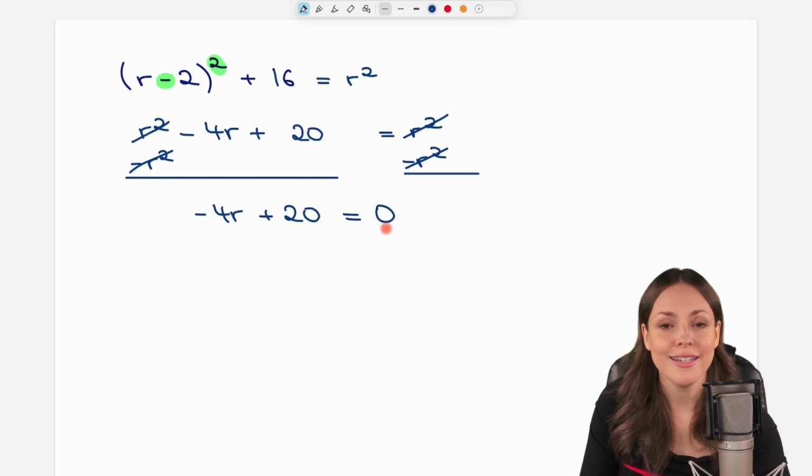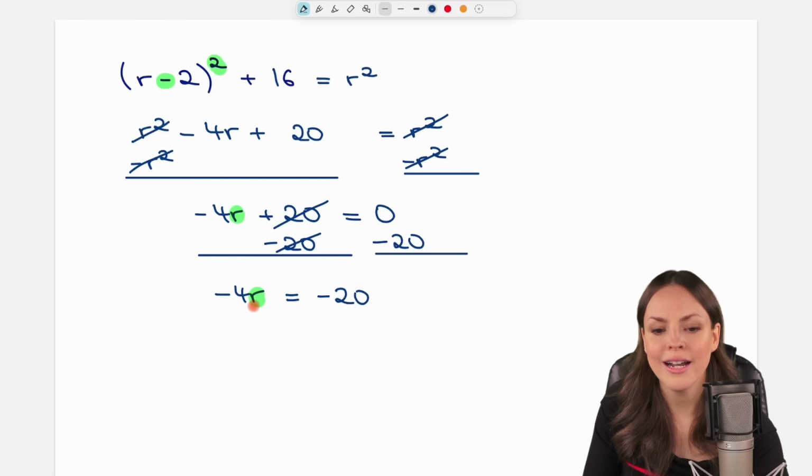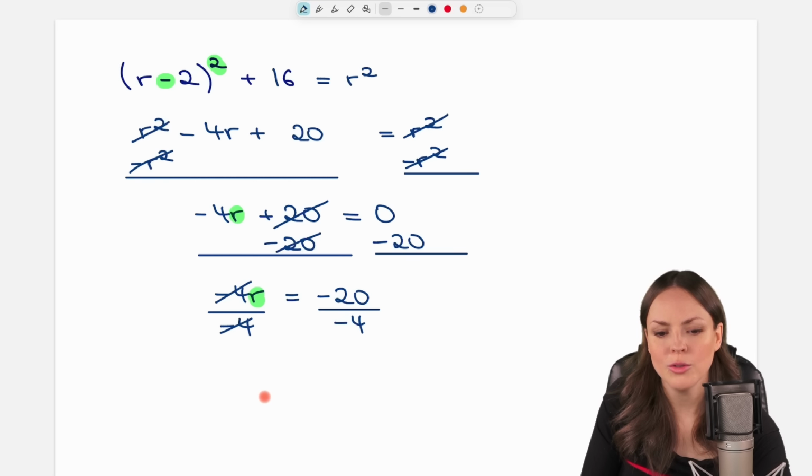No r squared here anymore, which is great, because now we can solve for r by subtracting the 20 here first on both sides of the equation, so that we have negative 4r. This cancels out. On the other side, we have negative 20, and to solve for r, let's get rid of the negative 4 here by dividing both sides of the equation by negative 4 here and here. This cancels out, only r is left, and negative 20 over negative 4 equals 5.